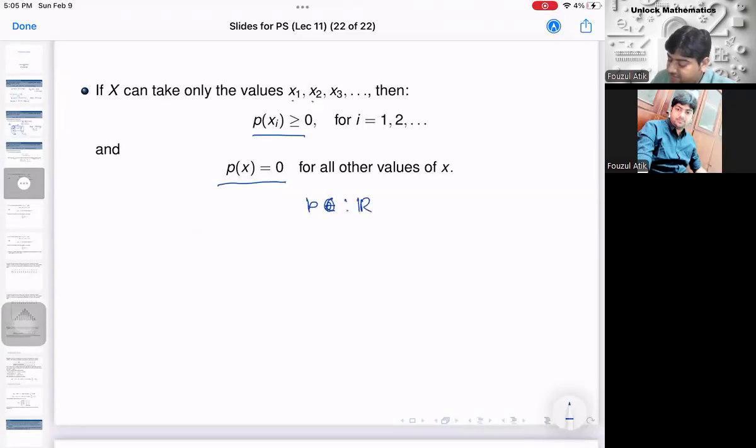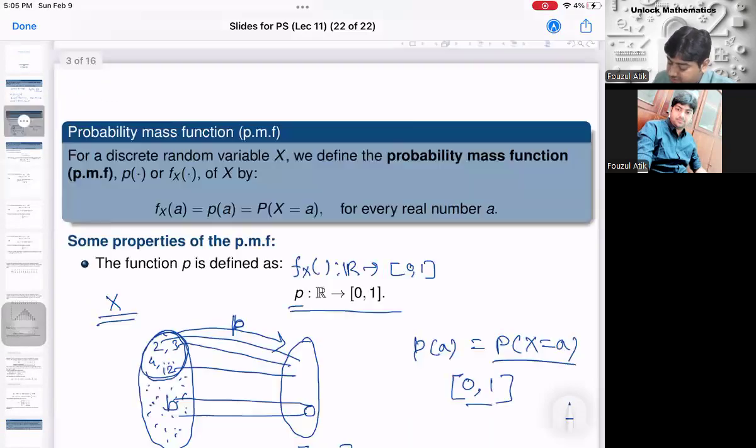So whenever the random variable takes some values, P of those x values is some non-negative quantity. Otherwise, it is always 0, right? So these values are giving some positive quantity, and for all other values, it is 0. This is the property.